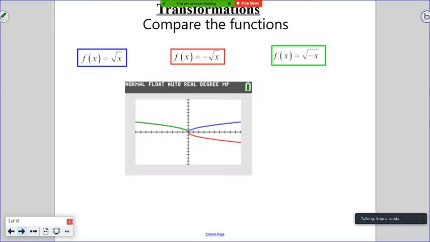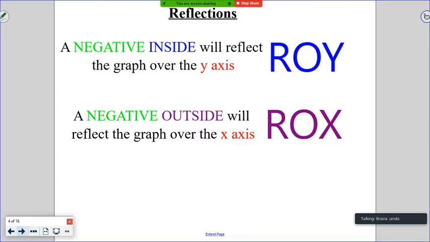This is a very basic watered down just reflections part. That's exactly what happens. And so reflections are this. Again, they come from a negative, not subtraction, but a negative in our function. If that negative is located on the inside, it will reflect over our y-axis.